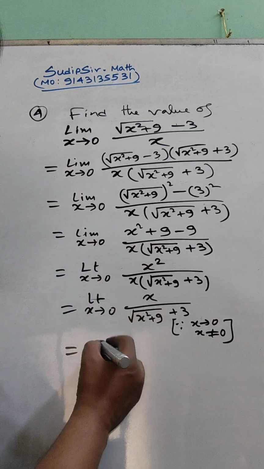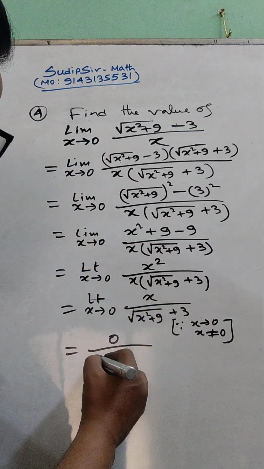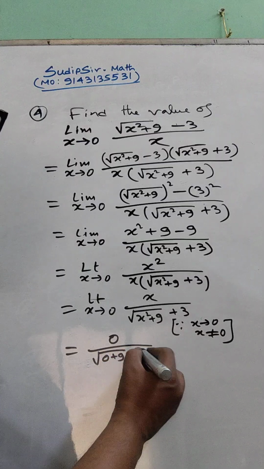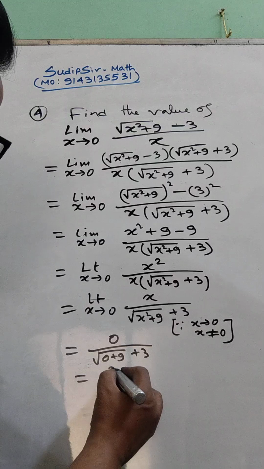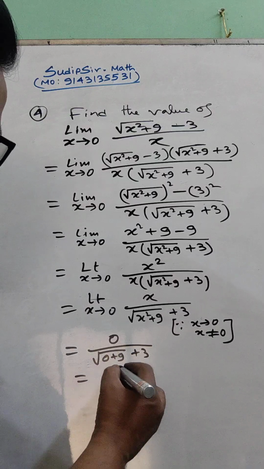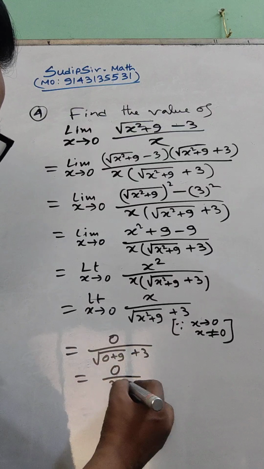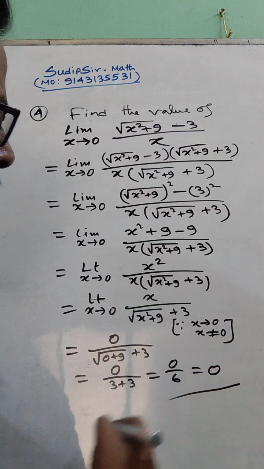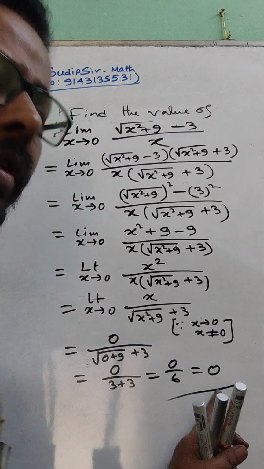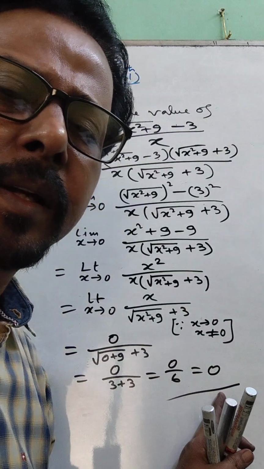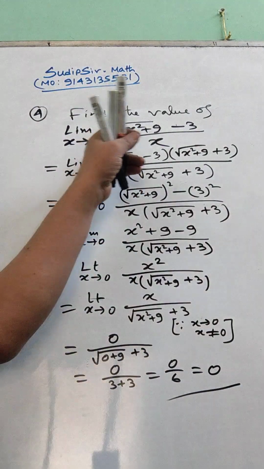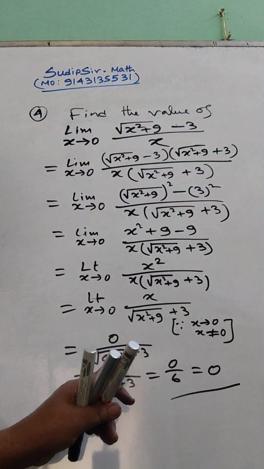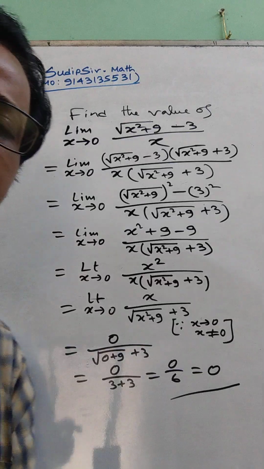Just put the value: 0 by root over of 0 plus 9 plus 3, that is 0 by 3 plus 3, 0 by 6. So the limiting value will be 0.